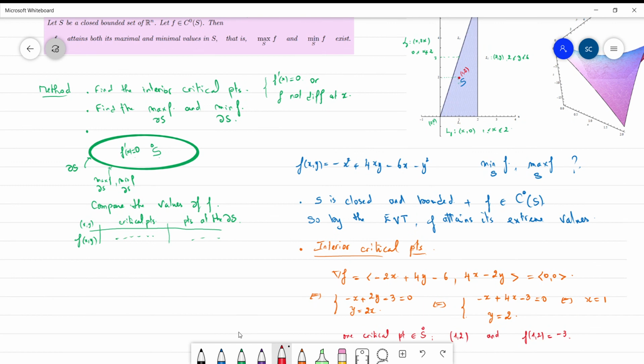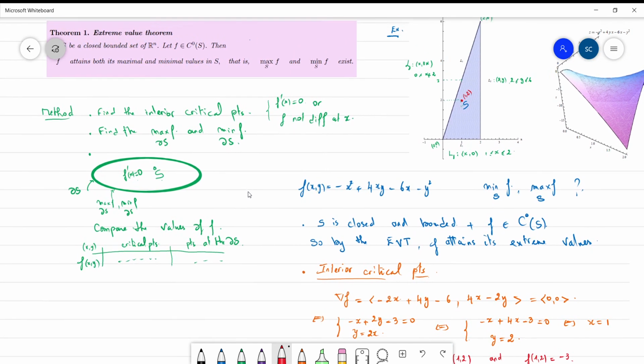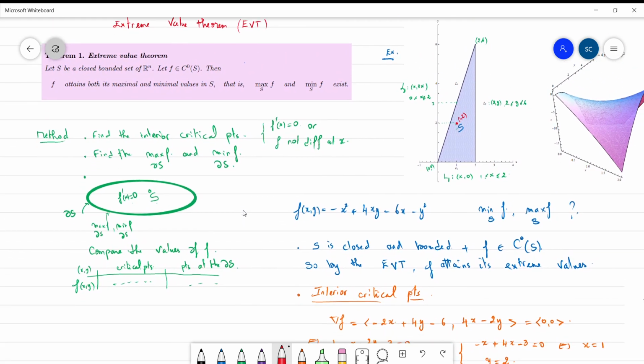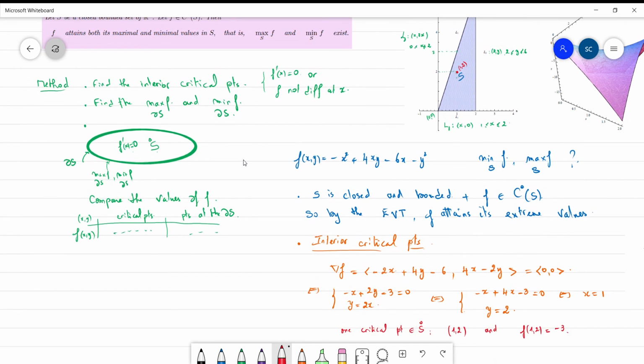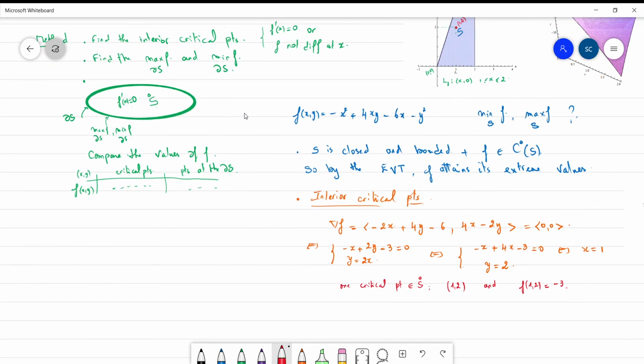Of course, the shape of the domain is important. If it is complicated, the method may not be useful: even if we are sure about the existence of the maximum and minimum, it's hard to find them. So depending on the problem, you have to decide which method is practical.